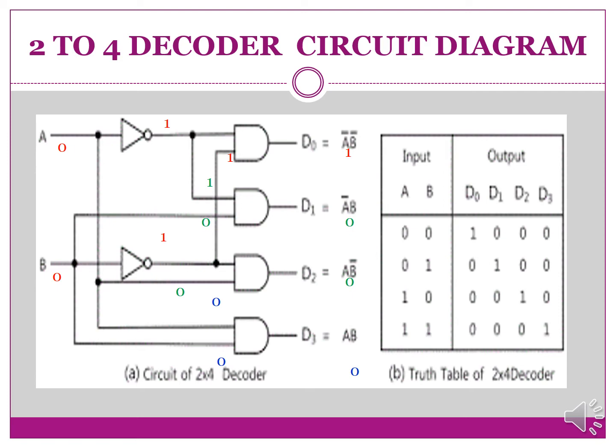If both inputs are high, then only D3 is active high. So we get a truth table in which we get a diagonal form of high outputs of D0, D1, D2 and D3. This is for remembering purposes. It is not a technical concept.